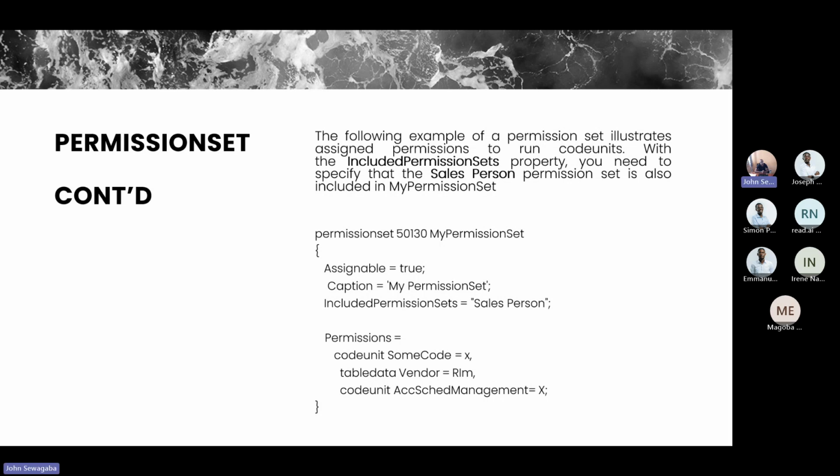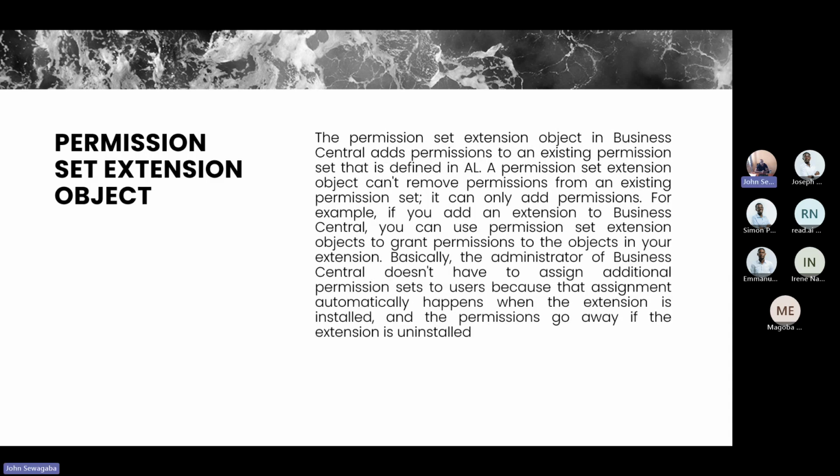Okay, and this is how it is presented. The structure remains the same, just that there's a specific property called included permission sets that we need to pay attention to.